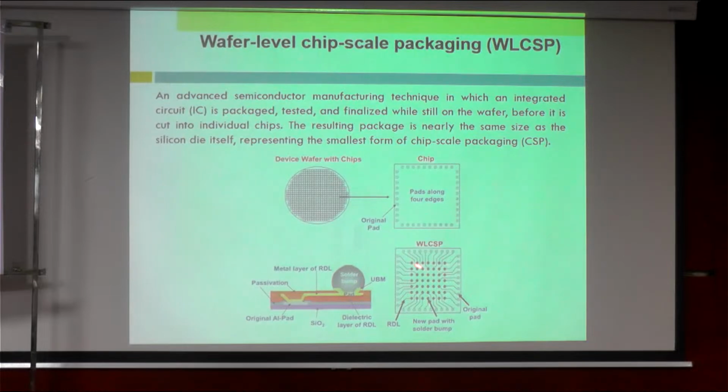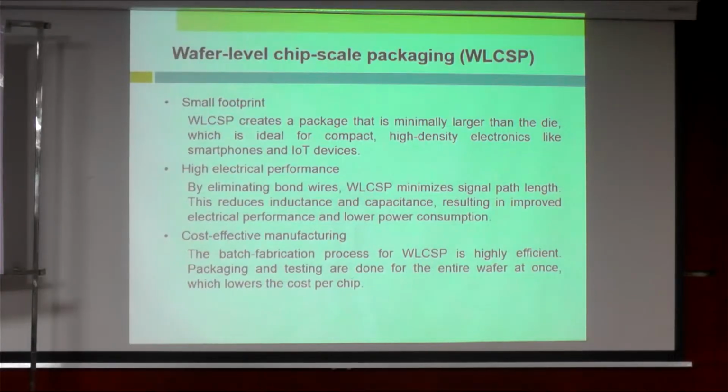So this is the chip itself with a bonding to another component. WLCSP provides a small footprint, creating a package that is minimally larger than the die, which is ideal for compact, high-density electronics like smartphones or IoT devices.